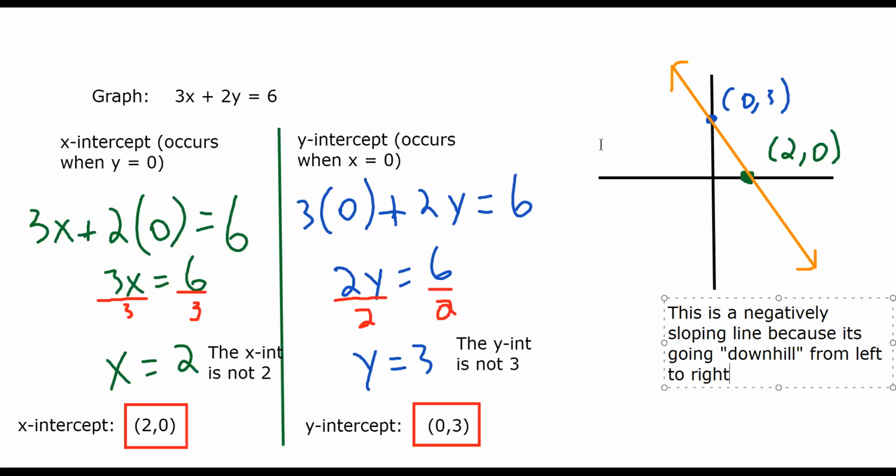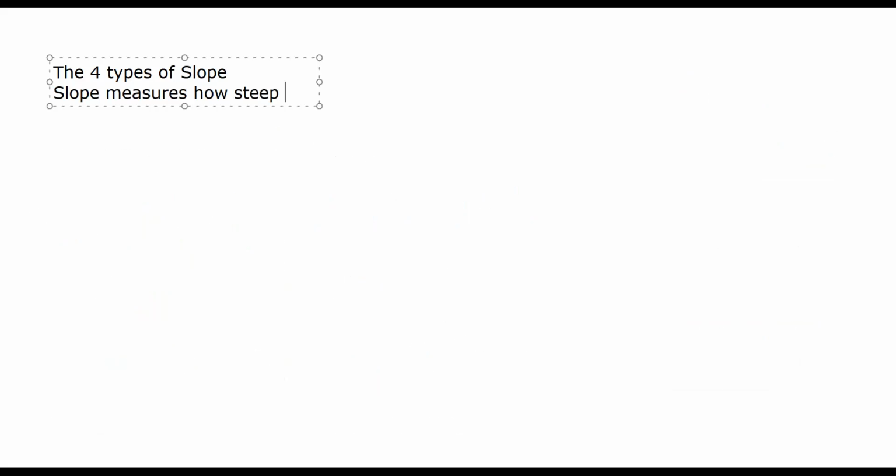So here's how it's going to work. We're going to learn about the 4 types of slope. Slope measures how steep your line is and what its orientation is.